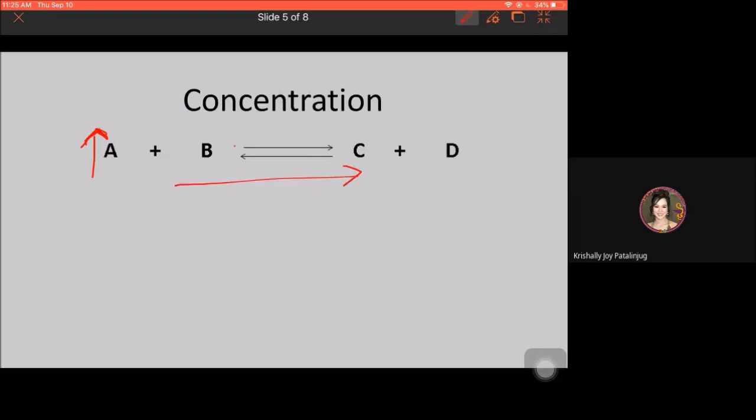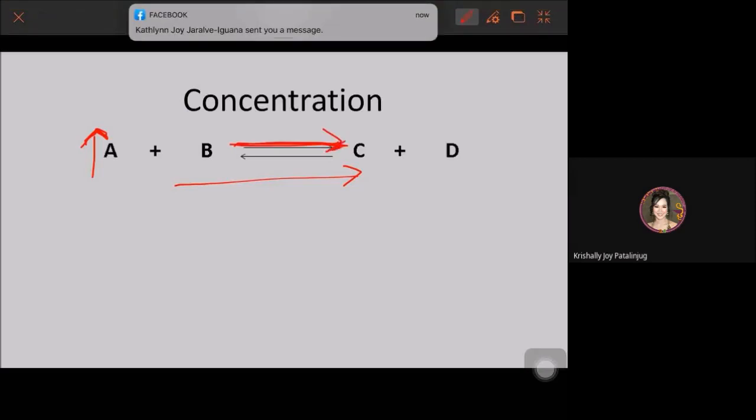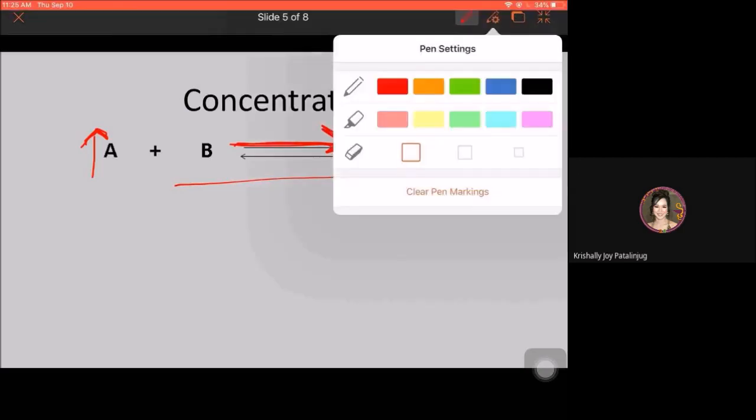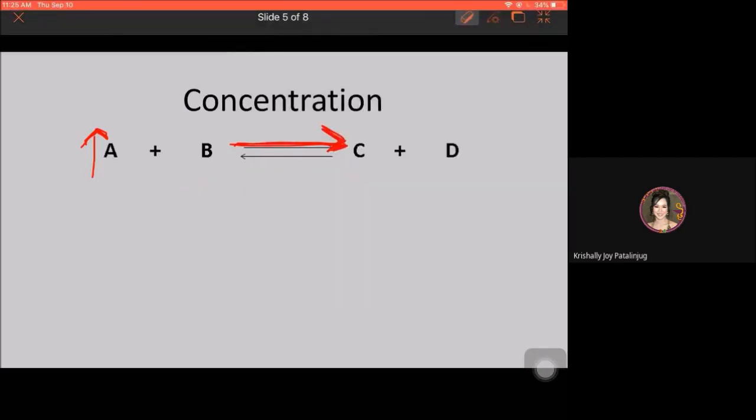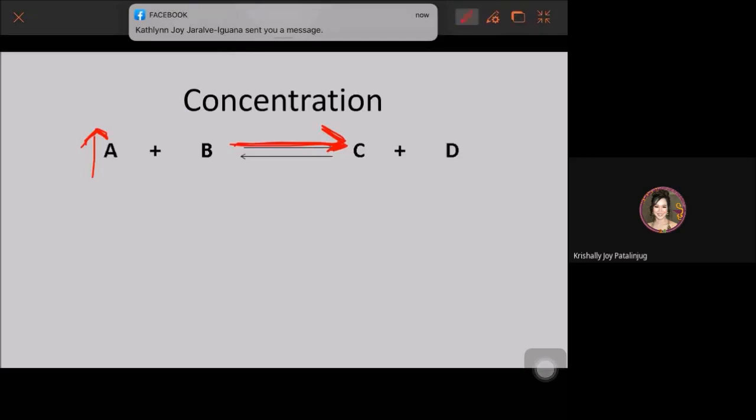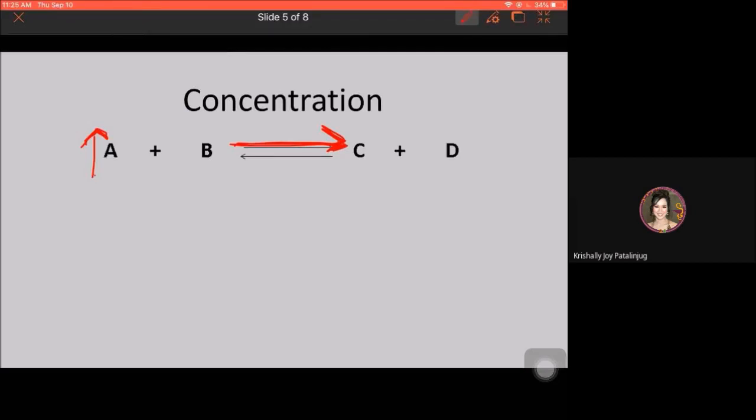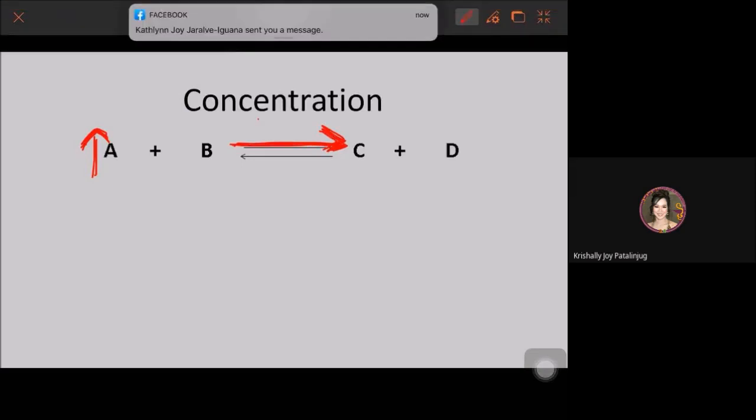So, itong forward reaction, it will speed up. Okay? So, erase ko muna to. Ayan. Again, para ma-restore back yung equilibrium upon increasing the concentration ng reactant A, forward reaction speeds up. Okay, so it will speed up.